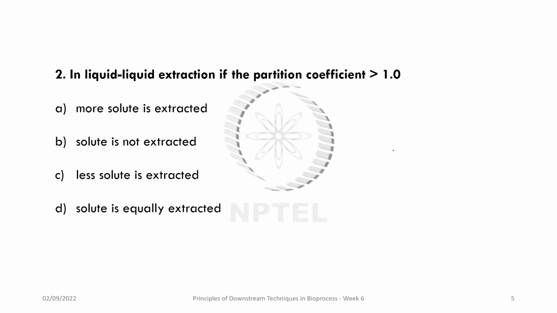Okay, in liquid-liquid extraction, if the partition coefficient is greater than 1, what does that mean? It is always preferred that the partition coefficient be greater than 1, right?